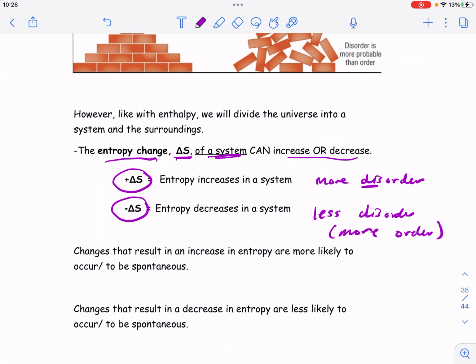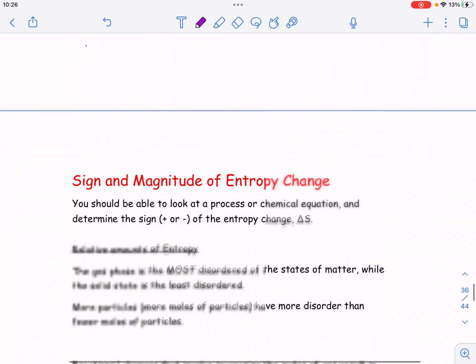And we talked about things like, especially phases, the state of matter can impact the entropy, and so you're looking for things like, do I have liquid on one side and gas on the other? That would represent a big increase in the amount of disorder, the amount of entropy. Or do I have 1 mole of gas on the left and 3 moles of gas on the right? More particles means more disorder, things like that.